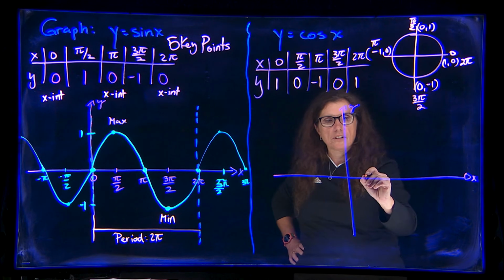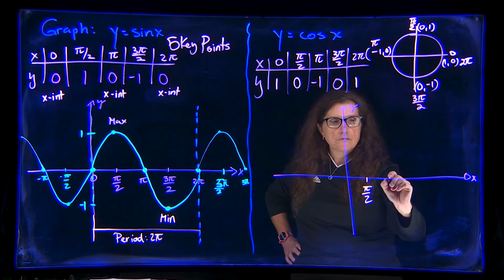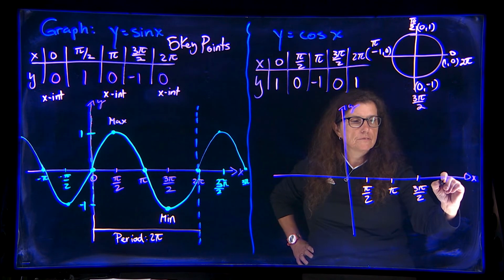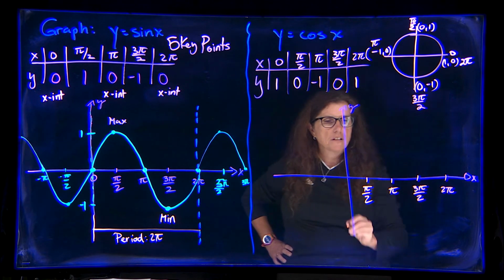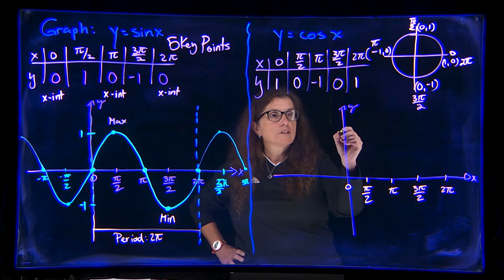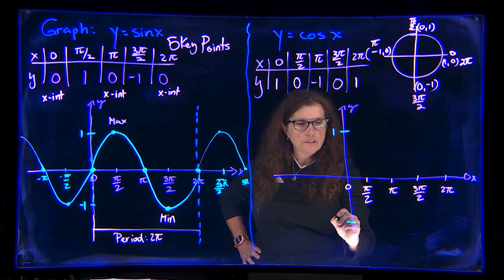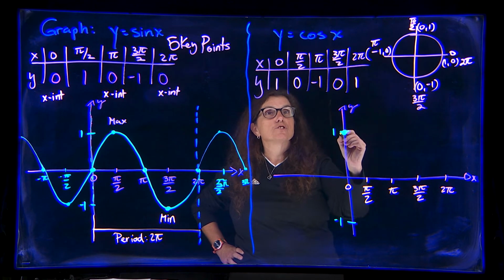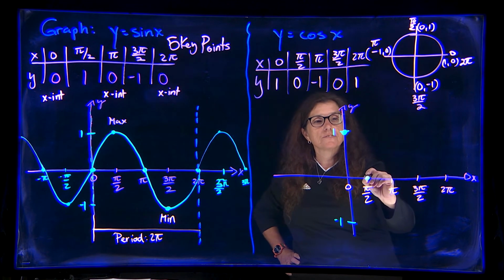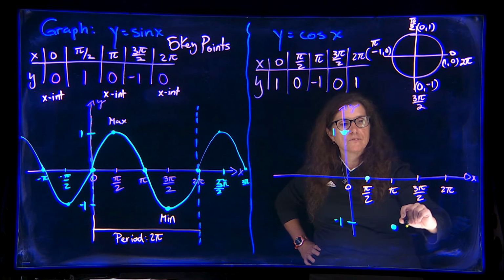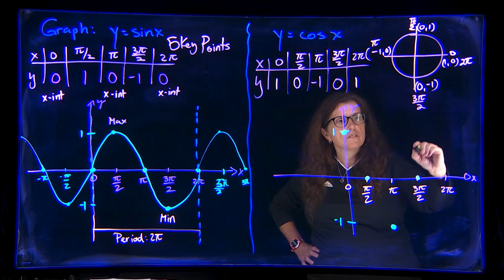So how does that look? Pi over 2, pi, 3 pi over 2, and 2 pi. And here's 0, of course, these are our key points. We go from 1 to negative 1. So the cosine starts at 0, 1, then it goes to 0, then it goes further down to negative 1, then it goes back up to 0, and we end up at 1.